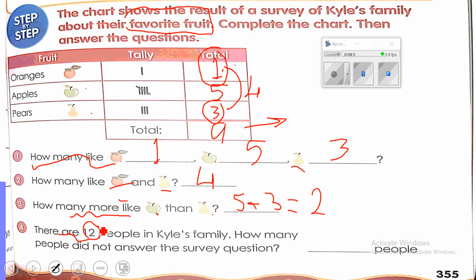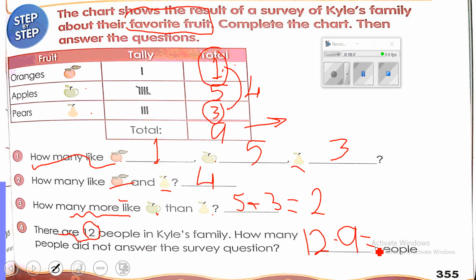So, what would I do between 12 and 9 to find the difference? Remember, difference reminds me of what? Excellent, subtraction. So I bring the greater number, which is the total number of people, 12, minus the number of people that I asked in the tally chart. They are 9. 12 minus 9.